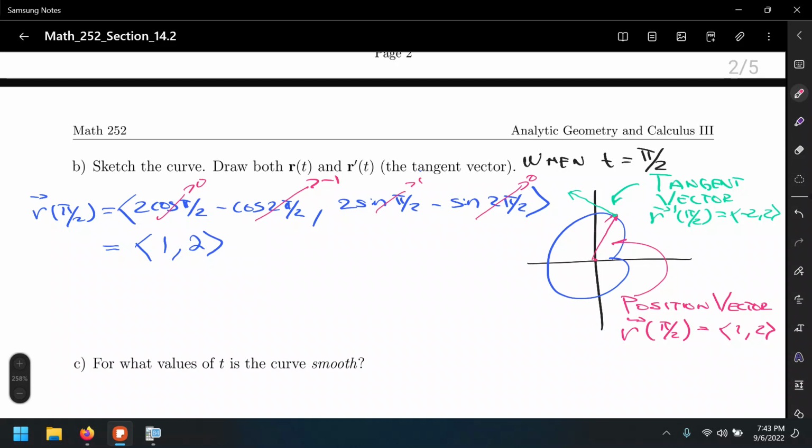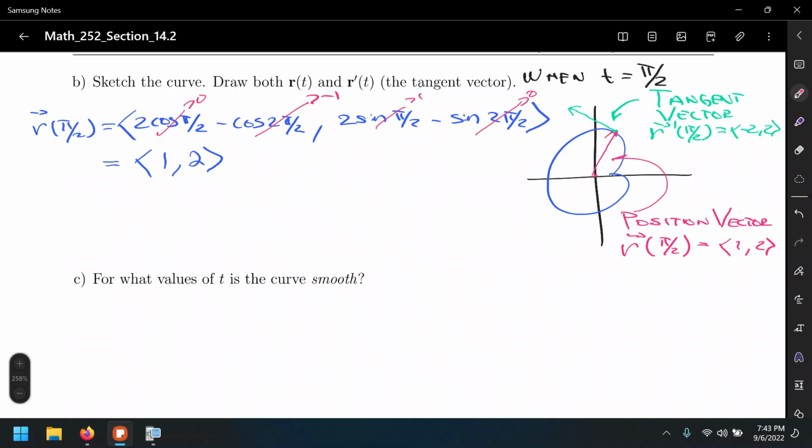So for the third part of the problem, for which values of t is the curve smooth?